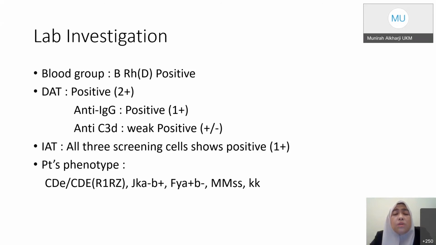Then we also performed antibody screening and it showed pan-agglutination with 1+ reactions. And we also performed the patient phenotype. It shows R1Rz, K negative, Fya positive, Fyb negative, M, S, and small s and little k.